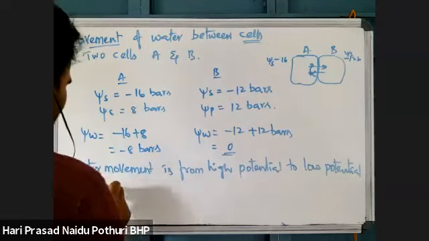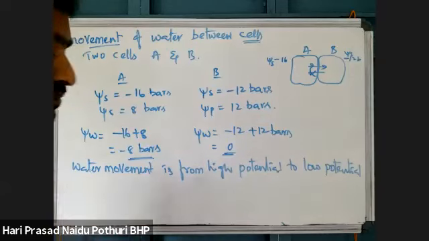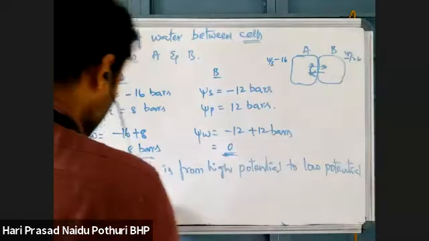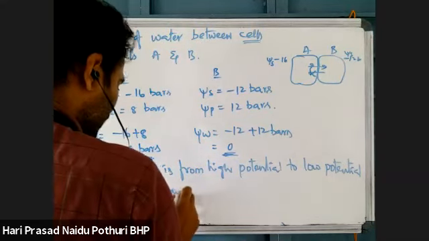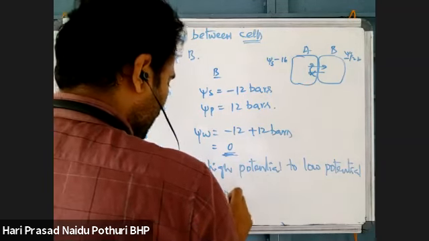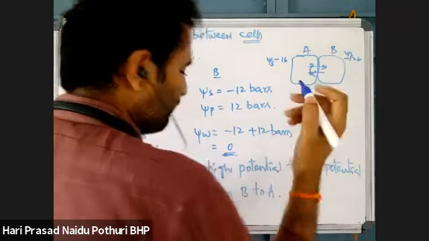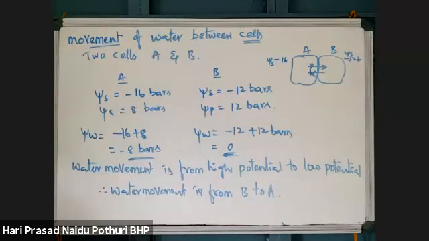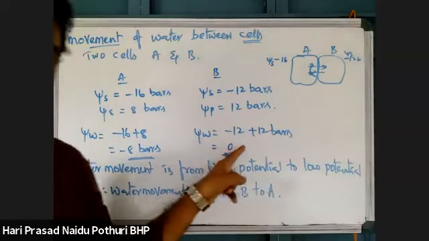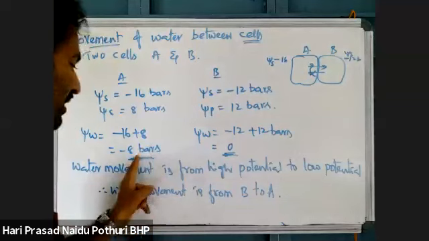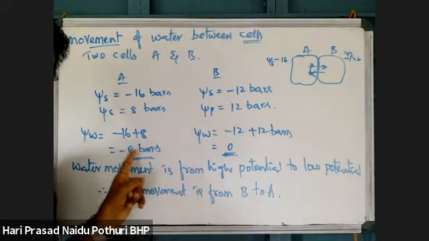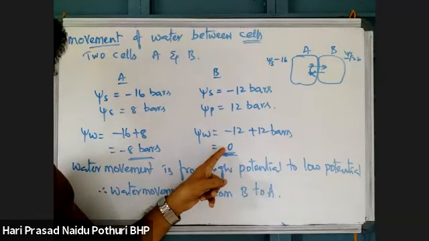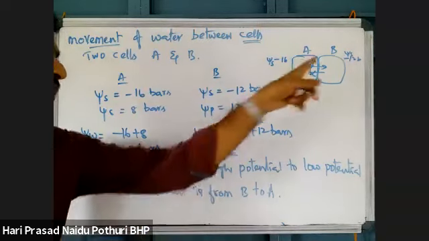Cell A has minus 8 bars, less than 0. So water movement is from B to A, because cell B has 0 bars, the maximum water potential, while this one has minus 8 bars, which is less than 0.